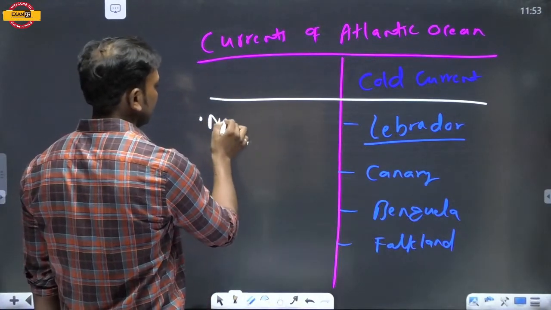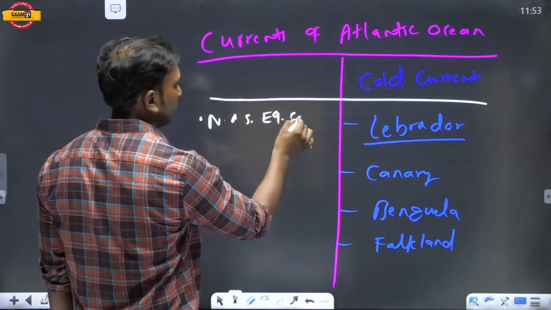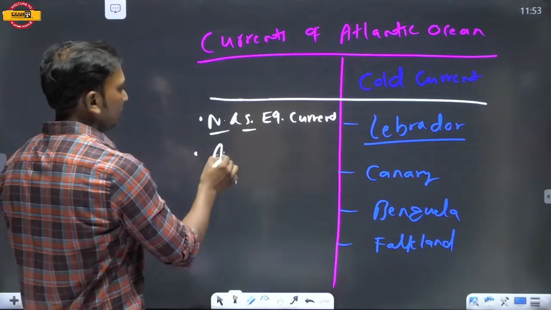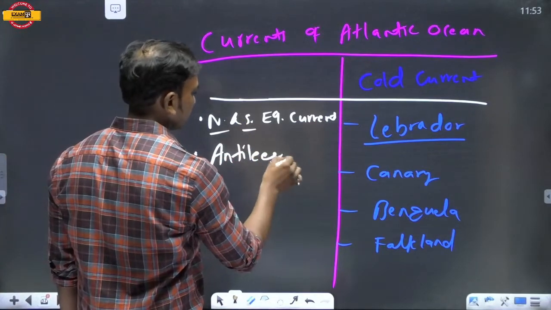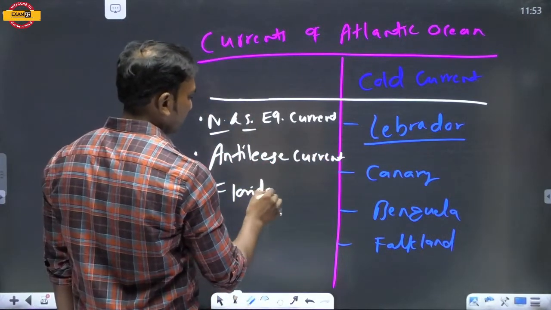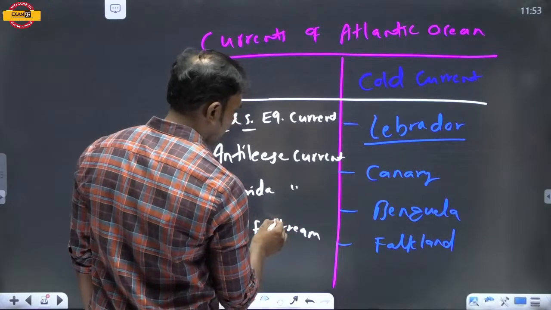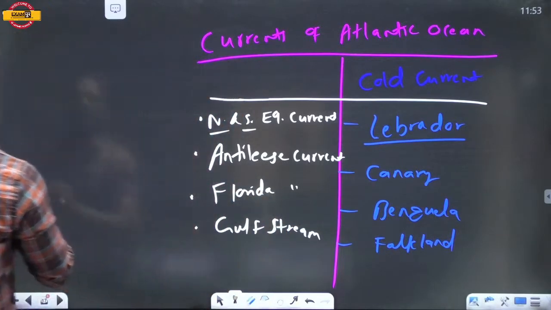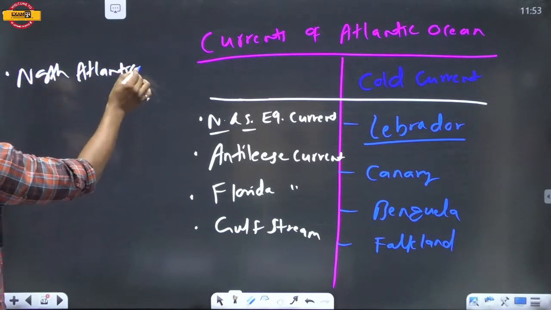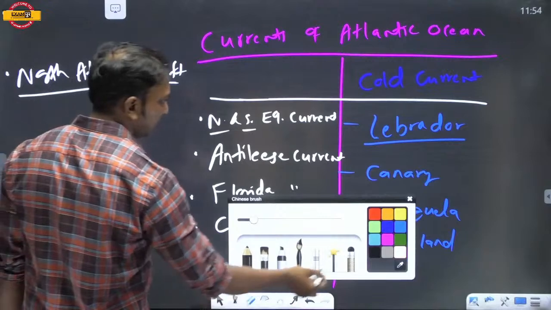Then you can firstly mention the north and south equatorial current. Then you see the Antilles current. Now the Florida current. Then the Gulf Stream. Next, North Atlantic Drift, having three types.